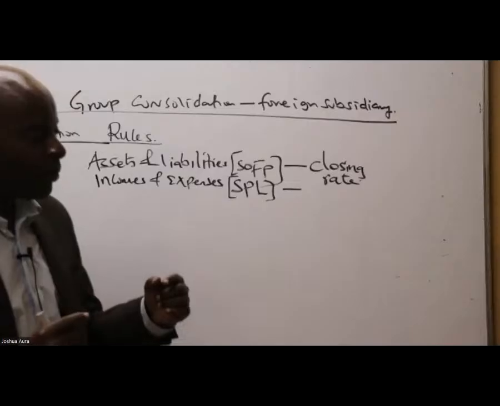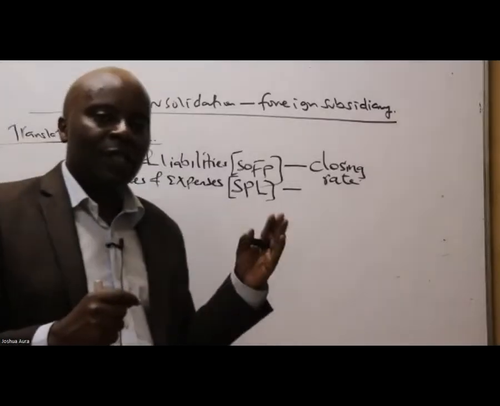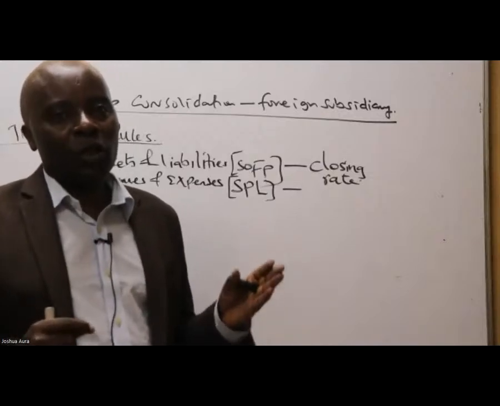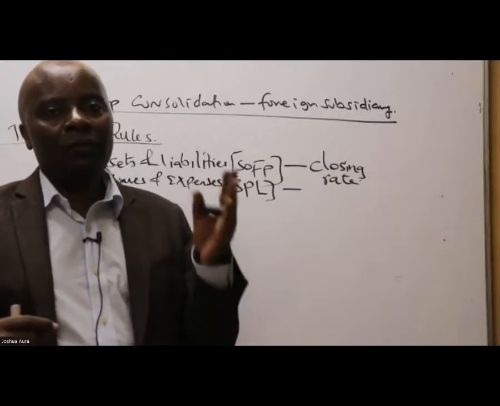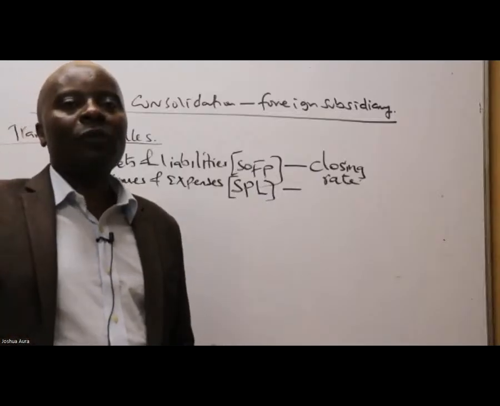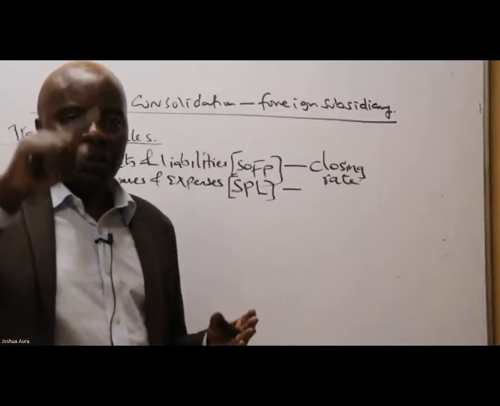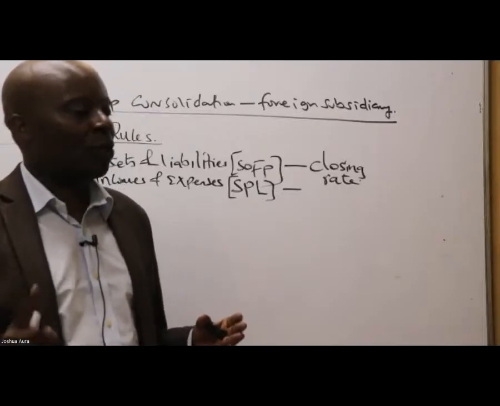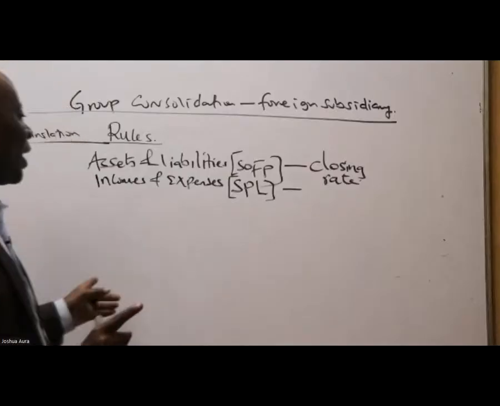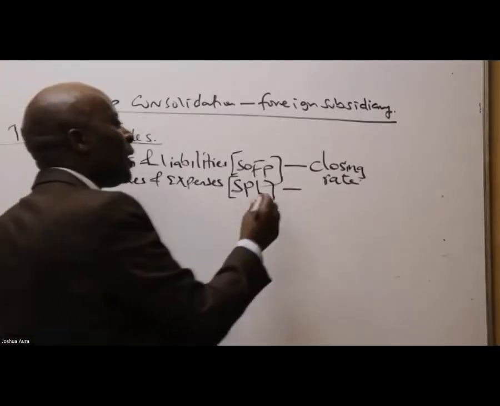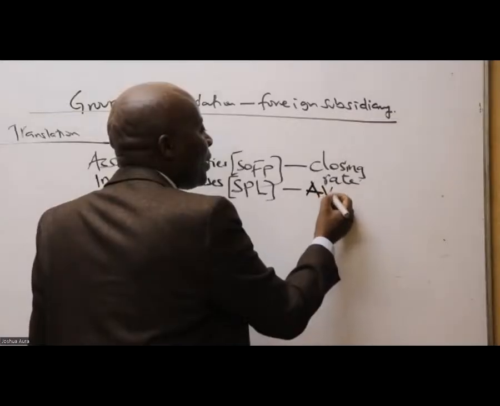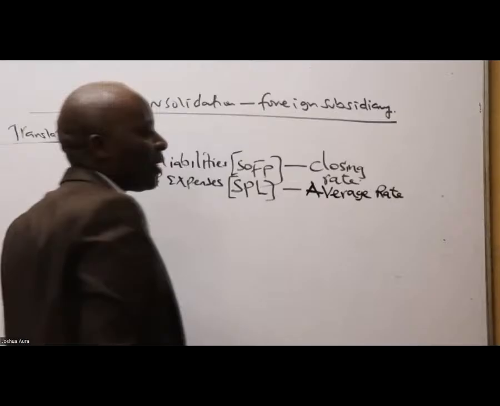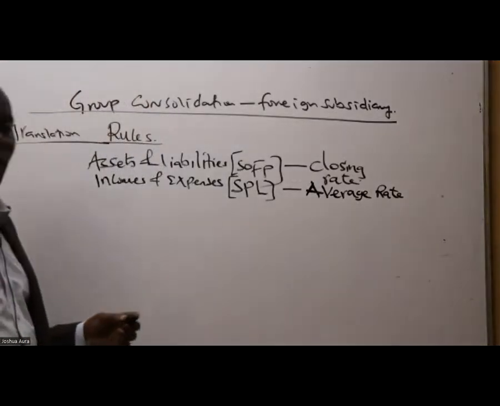You'll be getting, ladies and gentlemen, like sales revenue coming to us on the 1st of January, sales revenue coming to us on the 5th of January, on the 12th of December, etc. So over the whole year, we have what we call transactions. So always, incomes and expenses, we shall be translating them using the average rate.